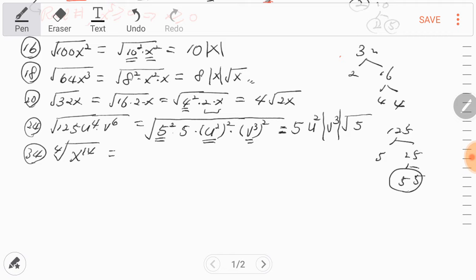Okay, number 34. This is the fourth root. So let's write x to the 14th as a product of exponential forms with power 4. So 14 is what? 14 is 4 times 3, plus 2. 4 times 3 is 12, and x squared.